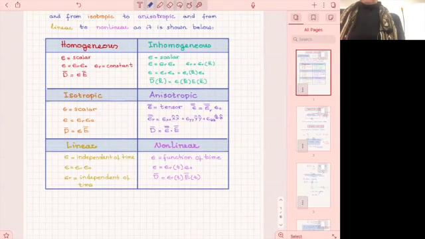So epsilon affects D not only in magnitude, but in direction. That's what it means.